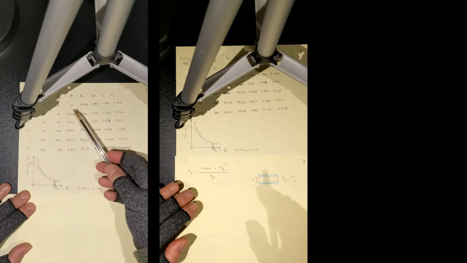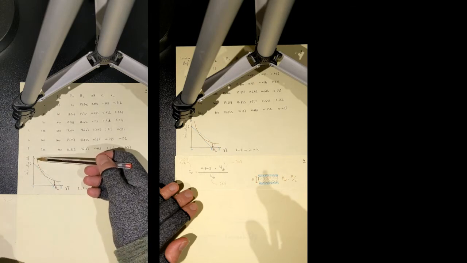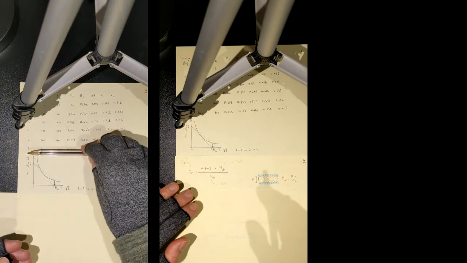Initially, after loading, in the first few minutes, first few hours, the settlement, the subsidence, is pretty quick. And then as time goes, the deformation gets slower and adopts a slower rate. Let me remind you that the vertical axis is delta H deformation, and the horizontal axis is t, time.